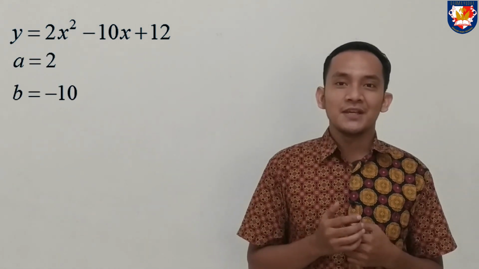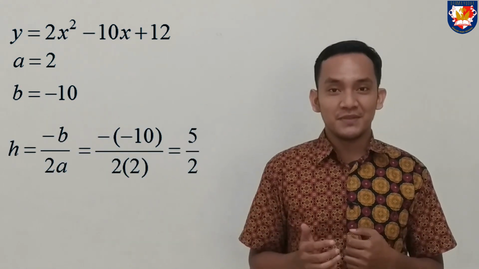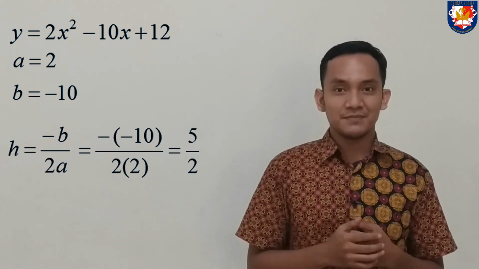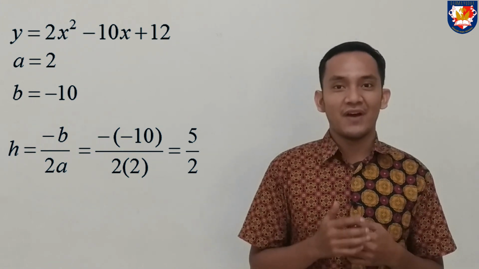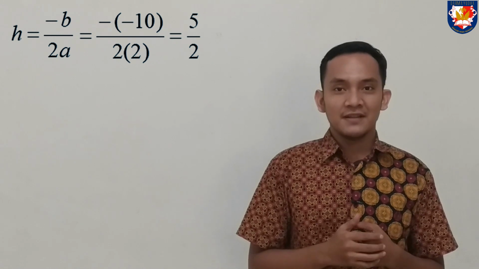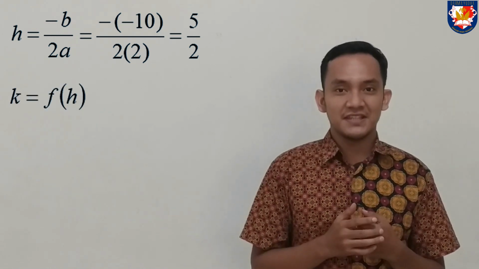Here, a equals 2, b equals minus 10. h equals minus b over 2a equals minus 10 over 2 times 2. Simplifying this will give 5 over 2. And then we need to find the value of k, which means f(h).